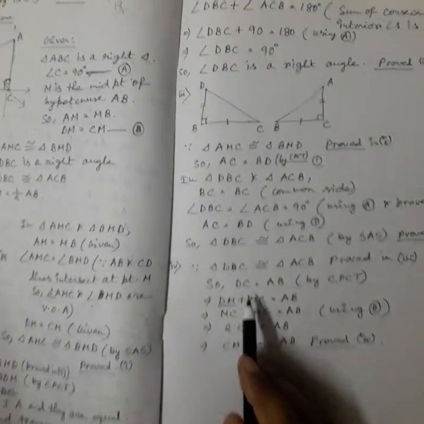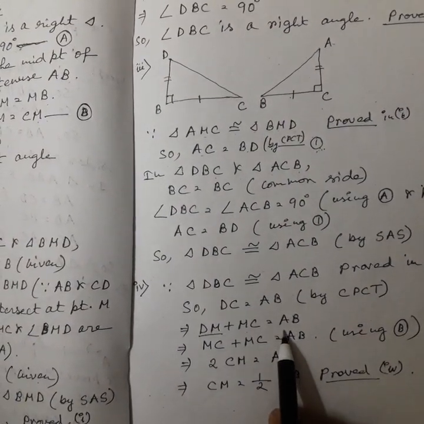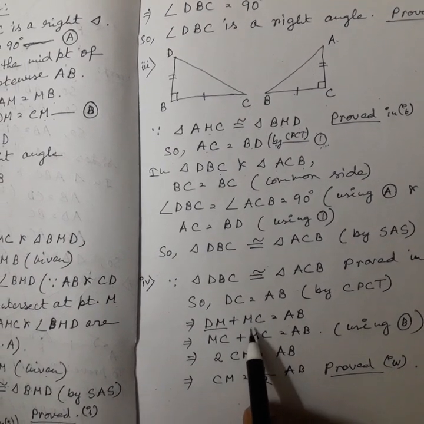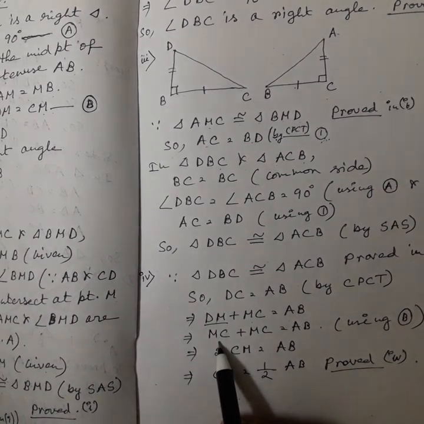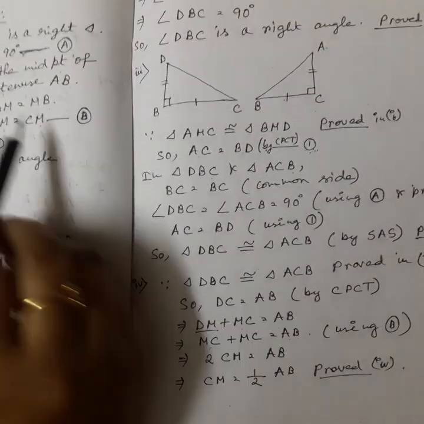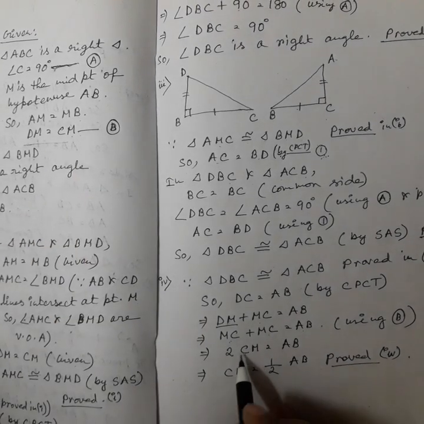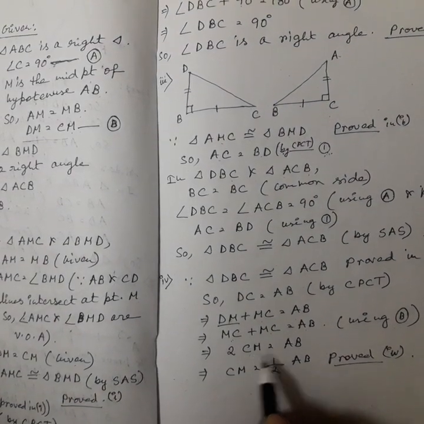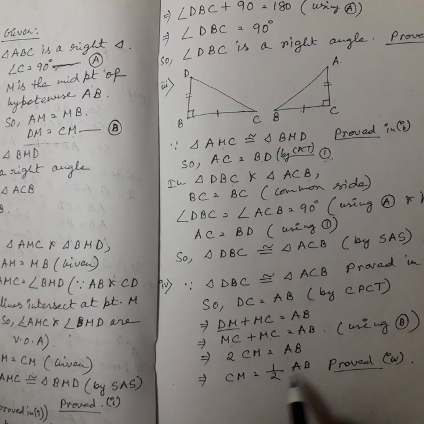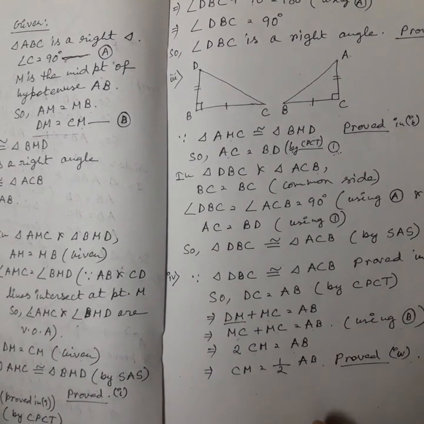So in place of DC we can write DM plus MC equals AB, and DM and MC are both equal. So in place of DM we can write MC plus MC equals AB, using B, since DM equals CM. So it's coming 2 times MC equals AB. So CM equals half of AB. That is proved, 4. So these 4 proofs we have done.